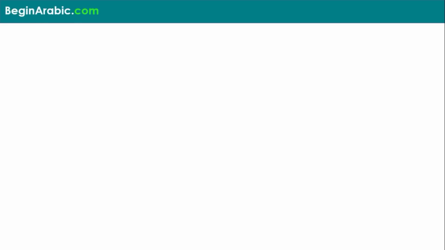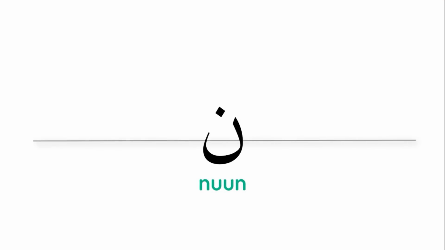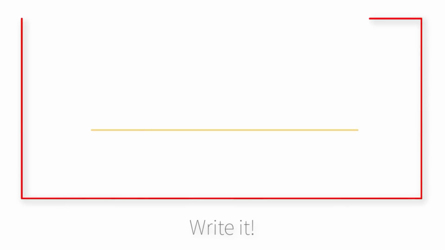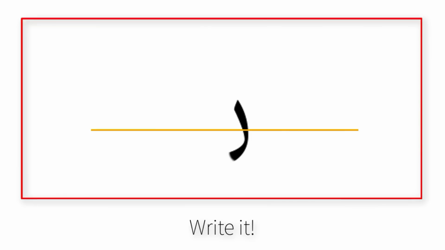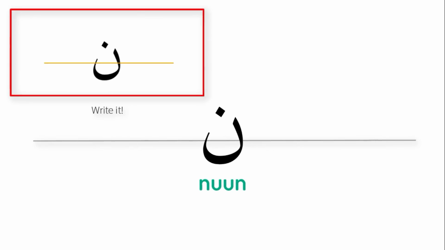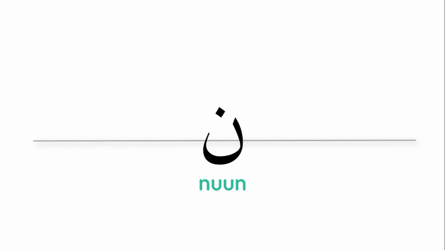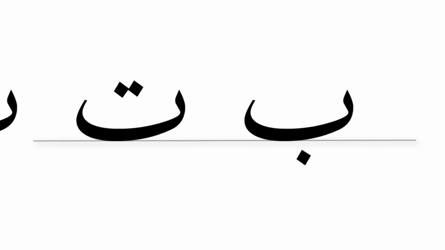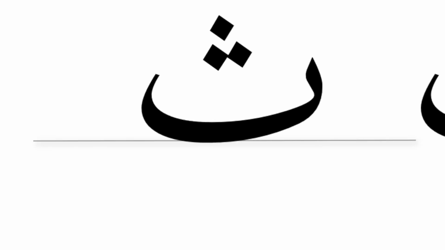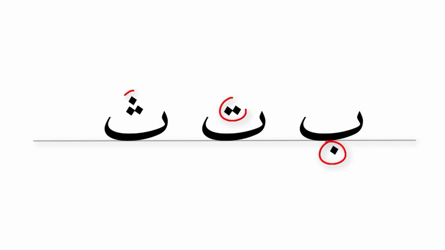The next letter that we have is called noon. The previous three letters have shared exactly the same base shape, differing only in the number and location of their dots.